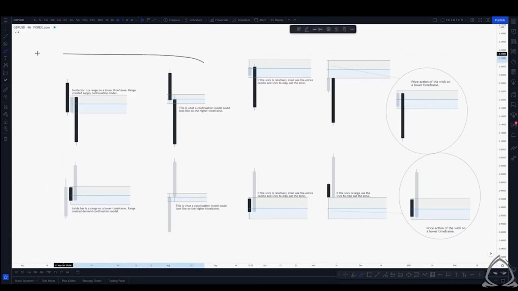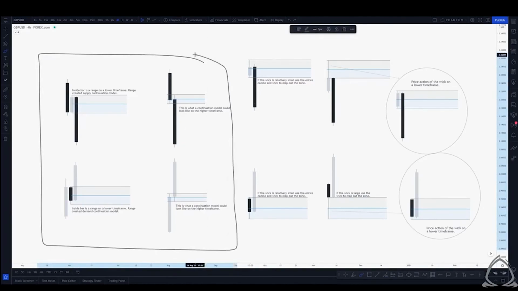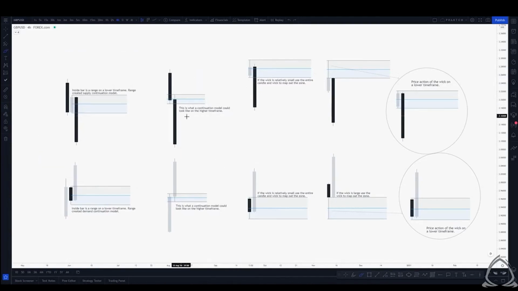So again, what this allows us to do conceptually is we can use lower time frame refinements without actually going on to the lower time frames, whether it be utilizing the inside bar technique and understanding that that is a range on a lower time frame, or also just looking at the way candles interact and seeing a very quick pivot in the market. We can use that and understand that that is also a continuation pattern that is happening within the market that is either creating supply or demand zones.